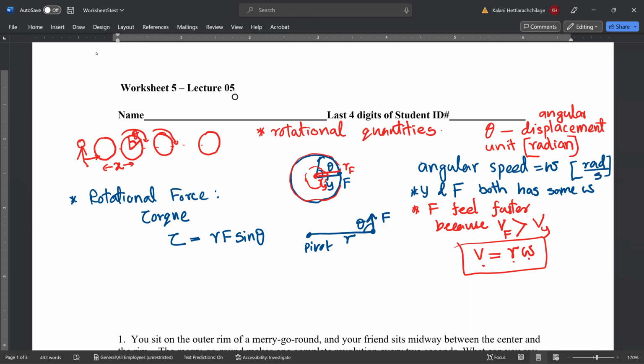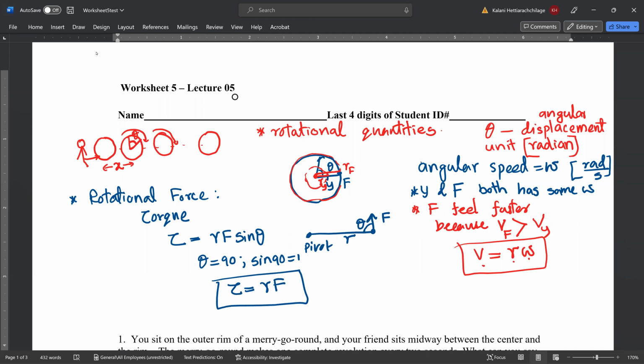But in most of the problems in your class, this theta angle is 90 degrees. When theta is 90, everybody knows sine 90 will be just 1. Because of that, in your class, tau will mostly be calculated by using R and F.